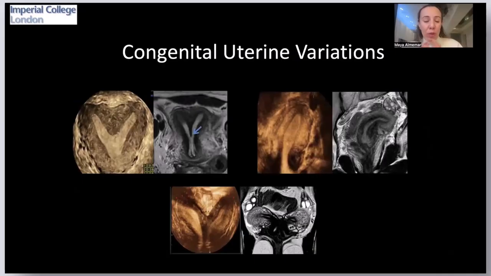And so I wanted to briefly mention congenital uterine variations because this is a cohort of patients where you might detect these. We know overall the incidence of this can vary dependent on the population, anywhere from 5 to 13% to up to 23% if you're looking in a population of patients with recurrent pregnancy loss or infertility.